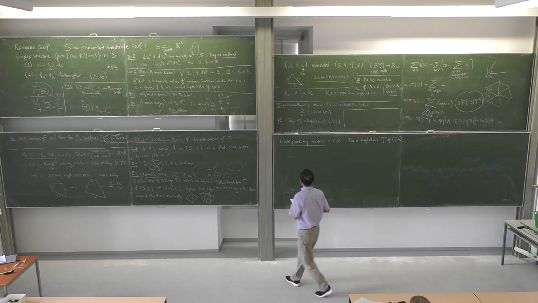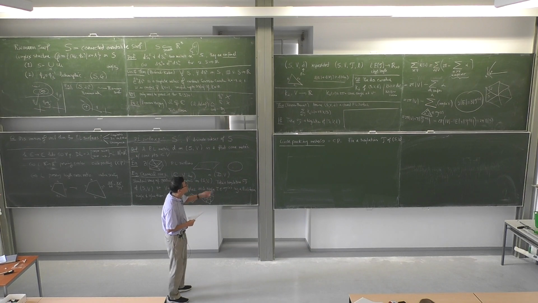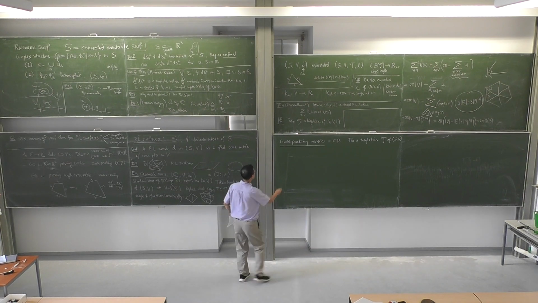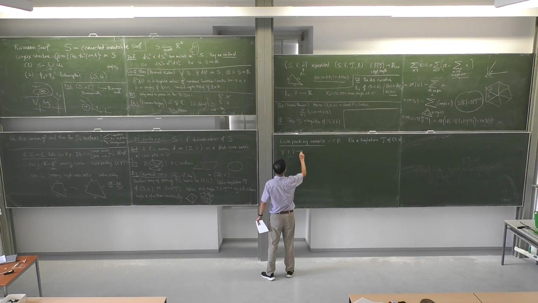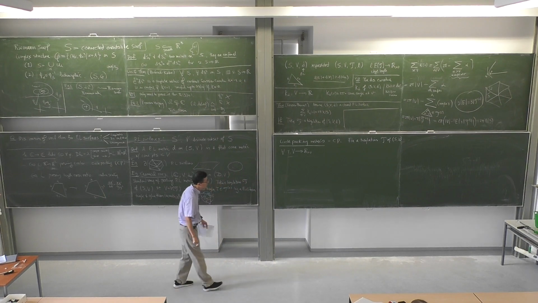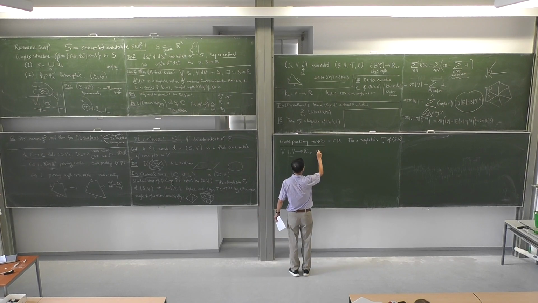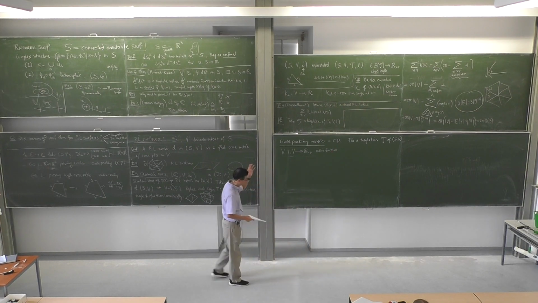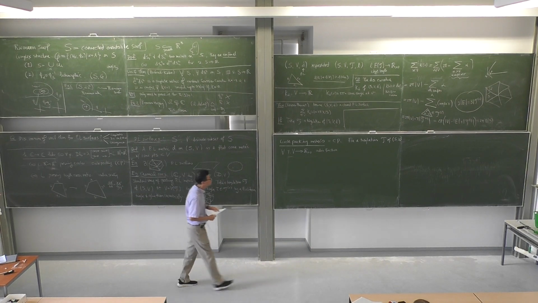Now here is a very simple way to produce polyhedral metrics based on the triangulation. So let's also take a positive number, assign a positive number to every vertex, and that's it. So these are called the radius function. There's no constraint on it. Assign every vertex a positive number, and I will produce a polyhedral metric for you.